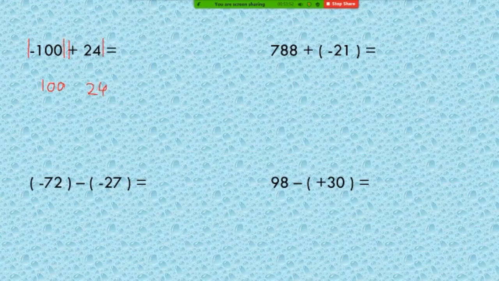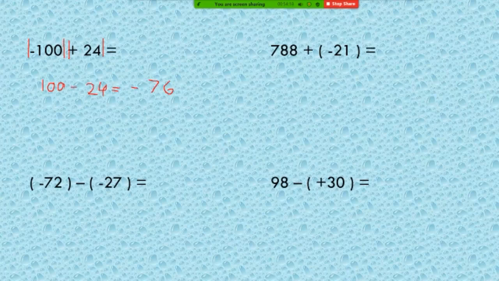Now which number has the bigger absolute value? Obviously 100. So our answer will also contain a minus sign, and now we'll subtract these two. We'll get minus 76 as our answer.